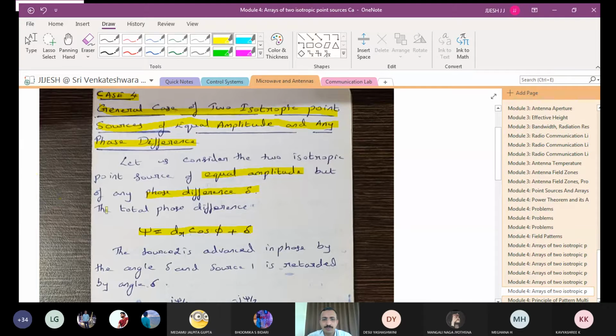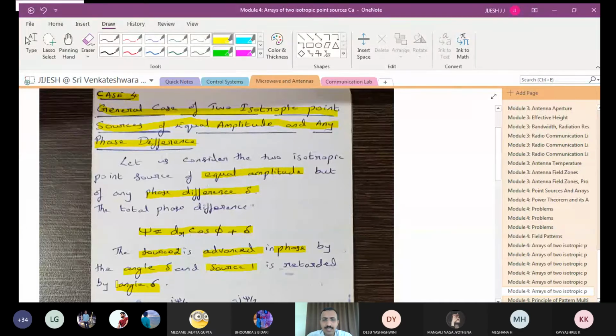So source 2 is advanced in phase by an angle delta and source 1 is retarded by an angle delta. As in the normal case we studied in case 1, case 2 and case 3, we are considering source 2 to be advanced in phase by an angle delta and source 1 retarded by an angle delta.